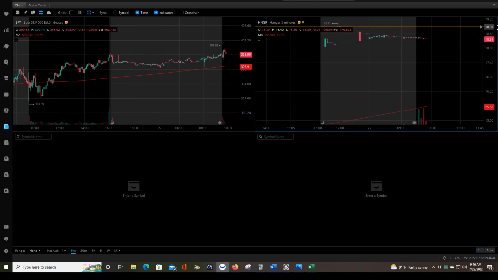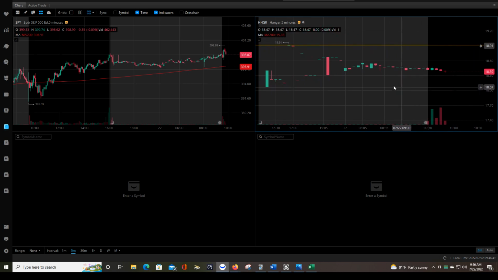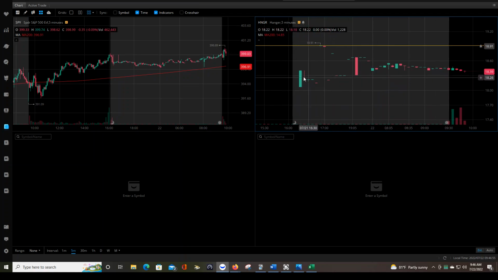And really what's happened here, which is not as obvious as it sometimes is, is that during the pre-market it popped up and now it's gone sideways. Sometimes it's extremely obvious. There'll be one candle that brings the price up, and then it is literally a horizontal line of candles. You could see this one has some oscillation, so it's not quite as obvious.